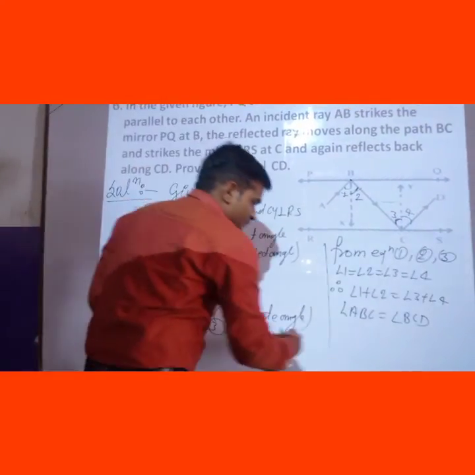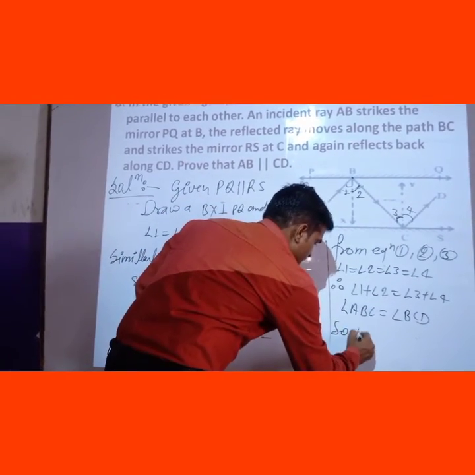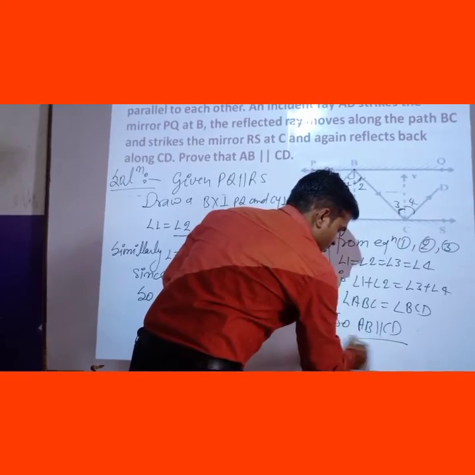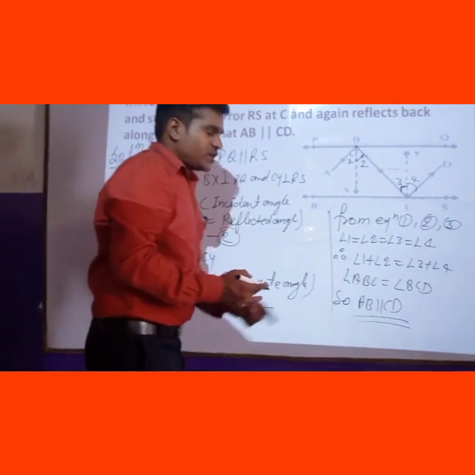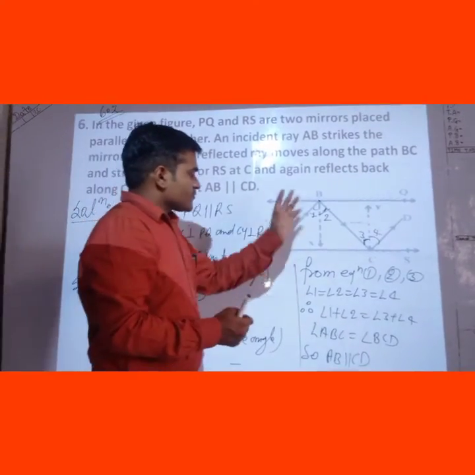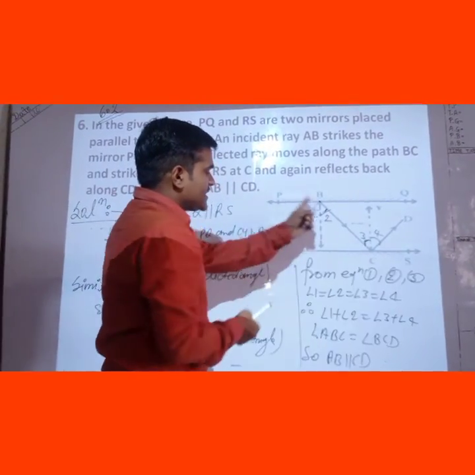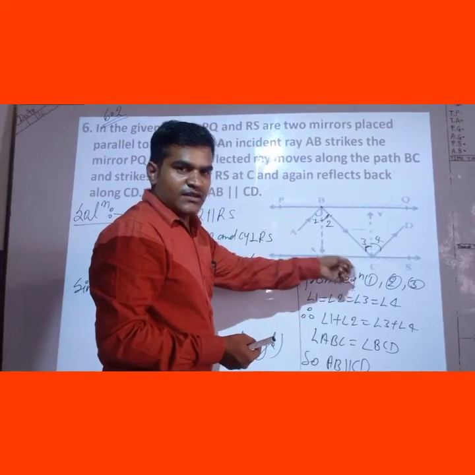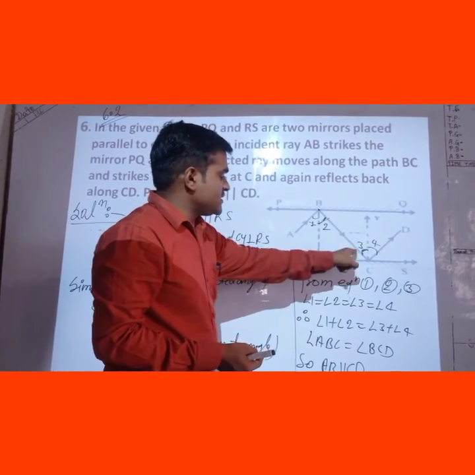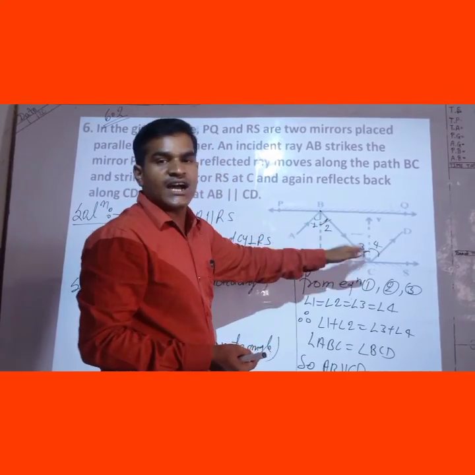So AB is parallel to CD, by theorem number 6.2. In that theorem we proved that if two lines are intersected by a transversal and the alternate interior angles are equal, then these lines are parallel.